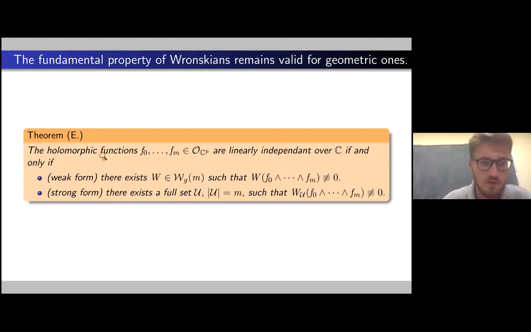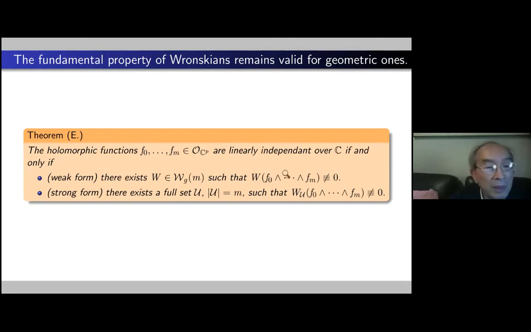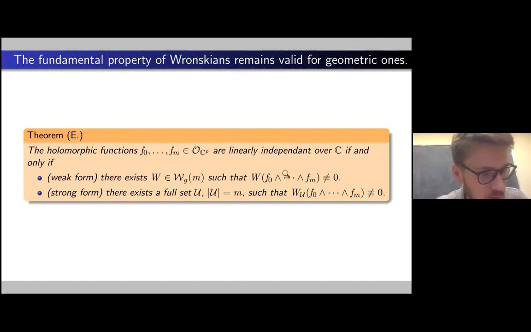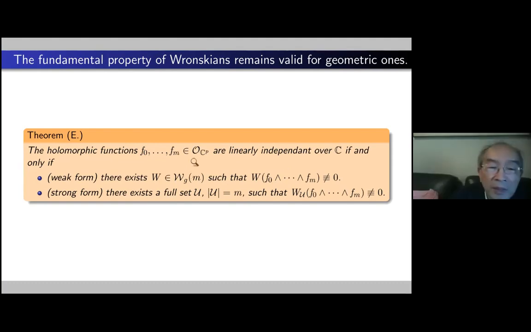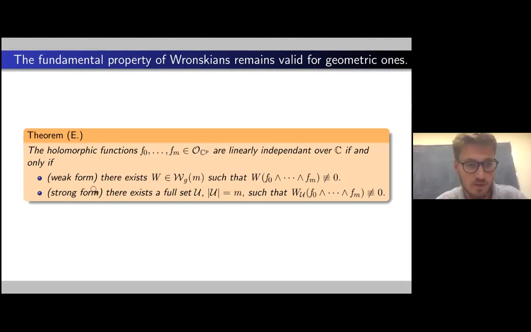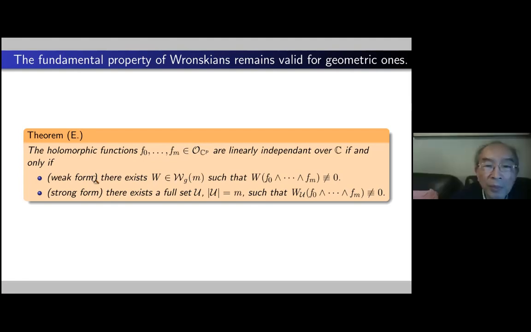Oh no, there is an or here. So it's three separate statements. Of course this one implies this one, so they are all equivalent, the strong implying the weak. But the weak is enough to imply linear independence. So it's three things that are equivalent.